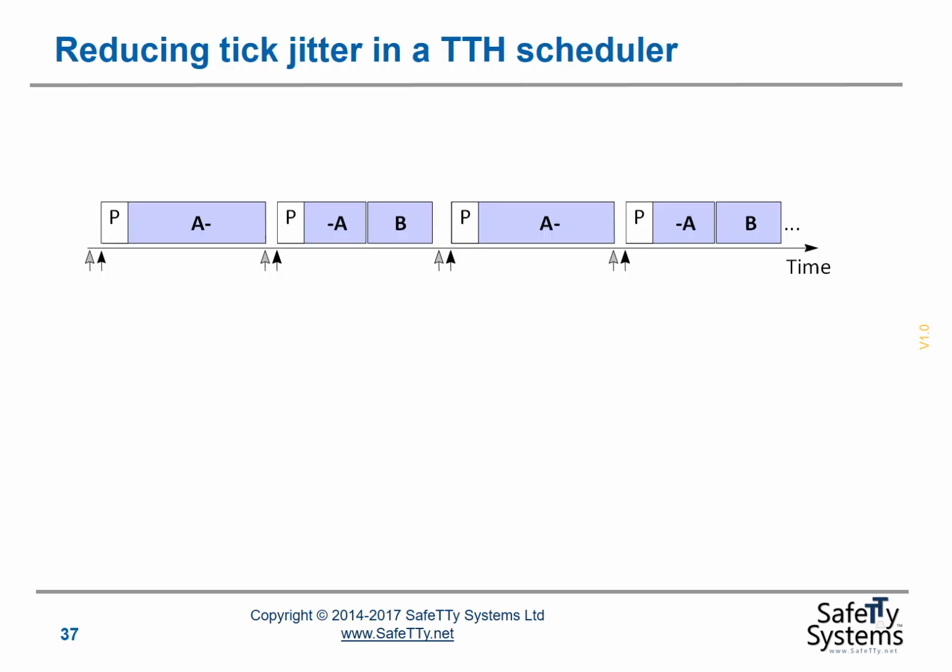So what can we do? Typically what we can do is incorporate a pre-tick into our TTH scheduler. So in our TTH scheduler in this case, we have a pre-tick before the main processor tick, after which we force the processor into idle mode, and then once it's in idle mode, the main processor tick takes place.